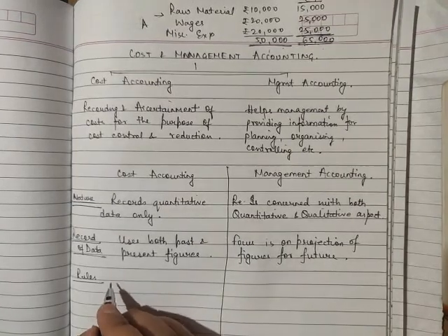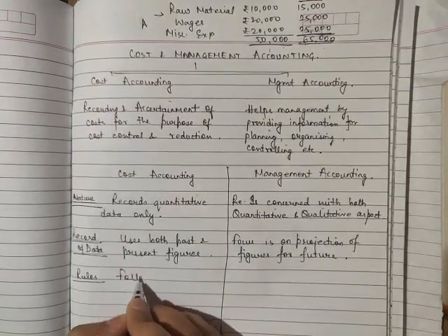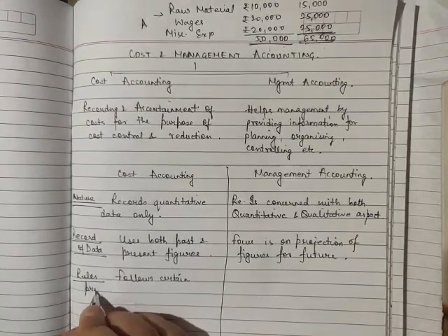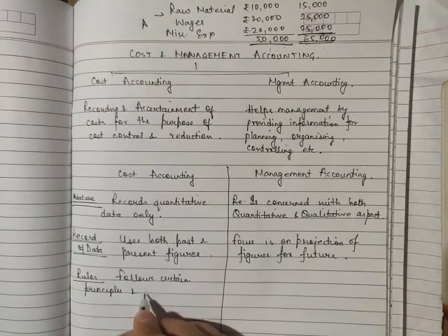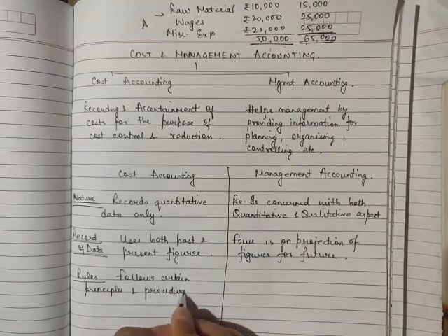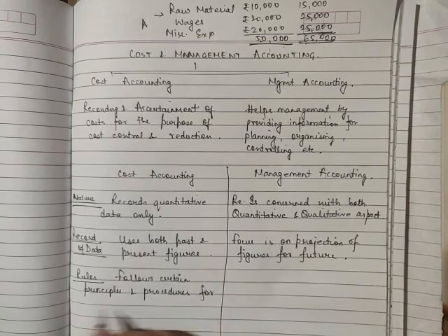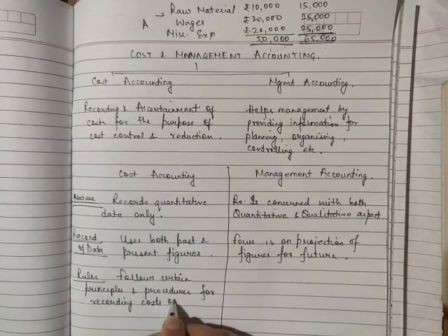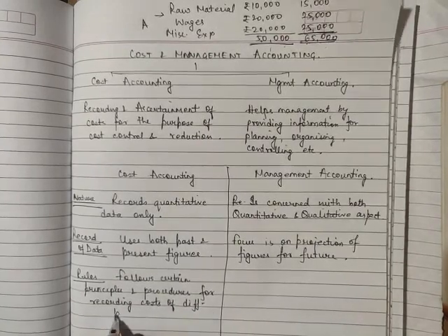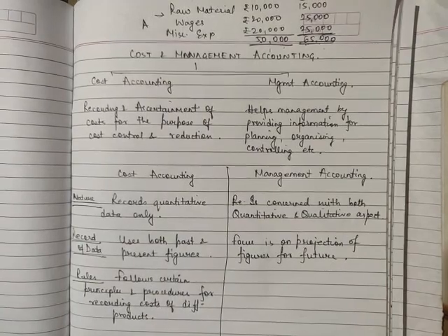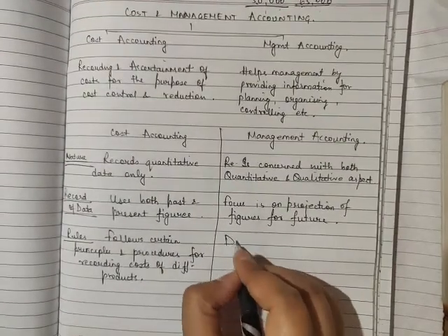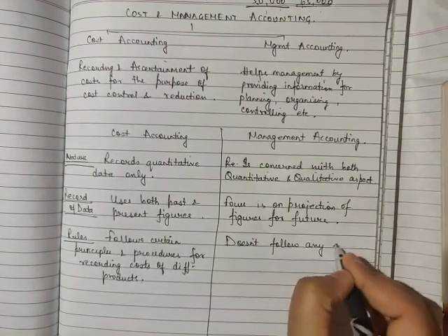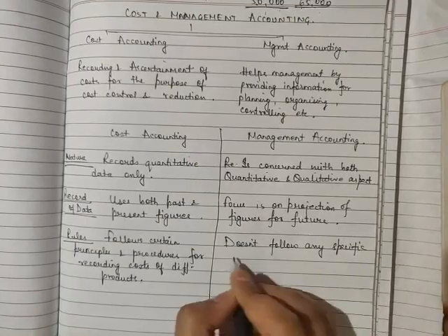So, where cost accounting follows certain principles and procedures for recording costs of different products, management accounting doesn't follow any specific guidelines.